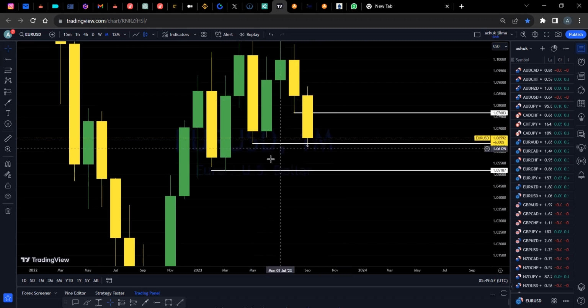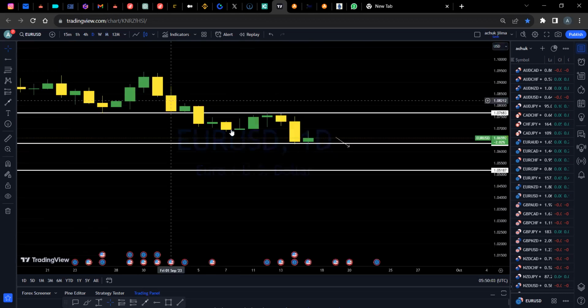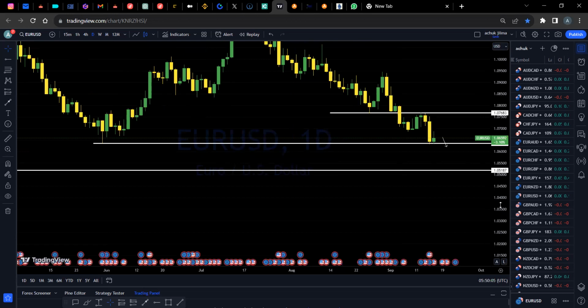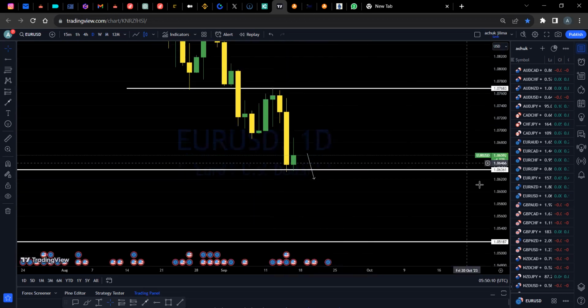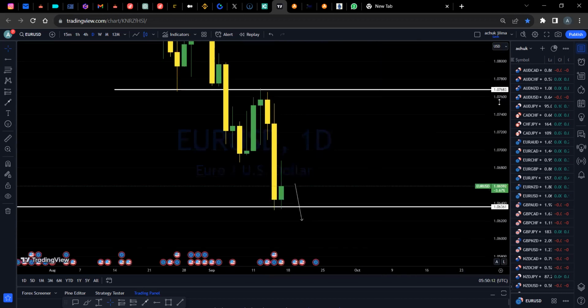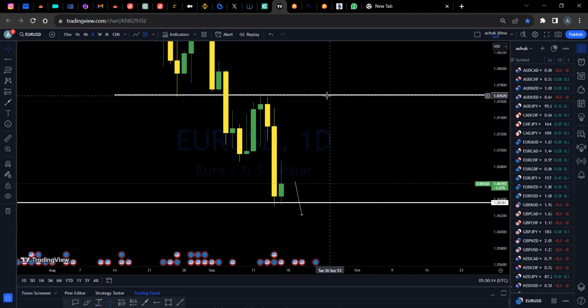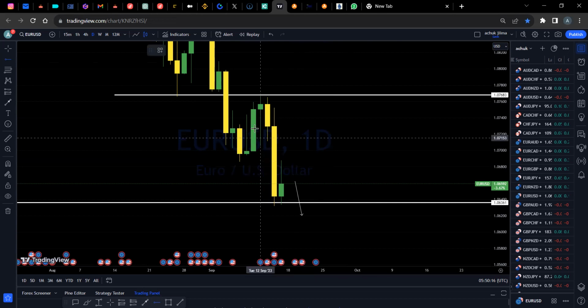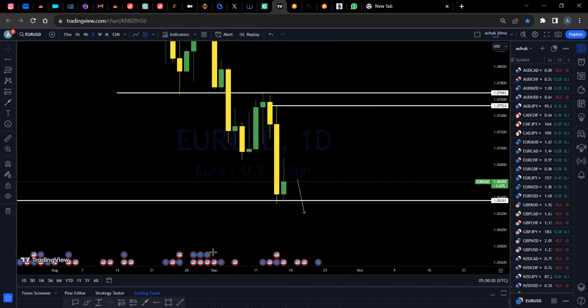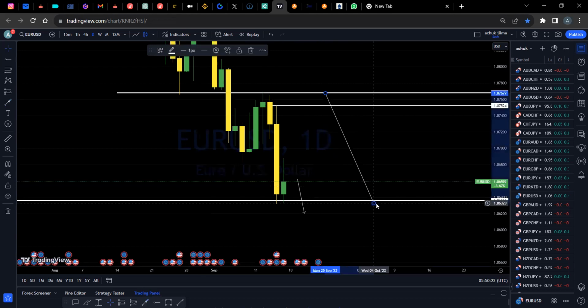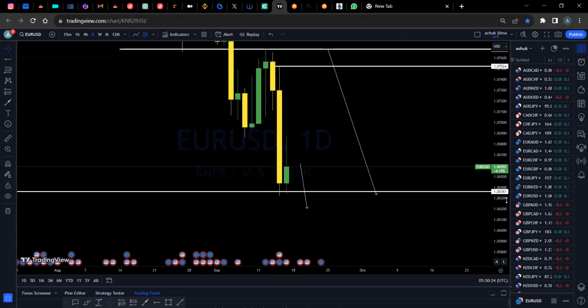So there's a possibility of the market coming all the way up to these lows to test this support. With that being said, it's very important for you to understand that from a bigger picture. This level, which is now acting as our resistance area, should the market be able to return to these areas or these daily highs, we can begin to look for selling opportunities to continue further the dollar strength.